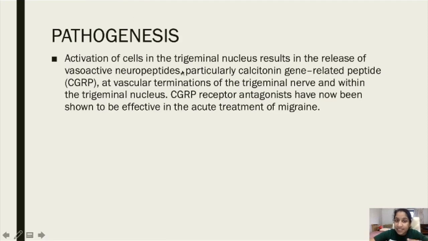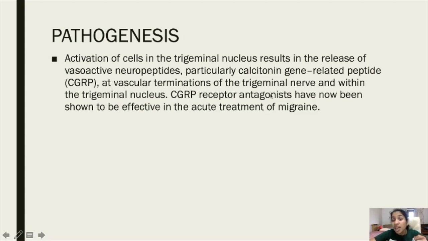Activation of the cells in the trigeminal nucleus results in the release of vasoactive neuropeptides, particularly CGRP, that is calcitonin gene related peptide, at vascular terminations of the trigeminal nerve and within the trigeminal nucleus.